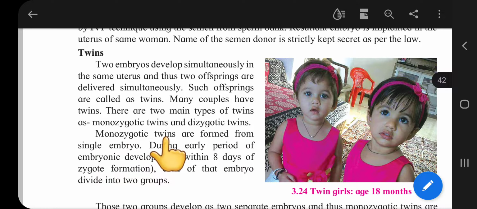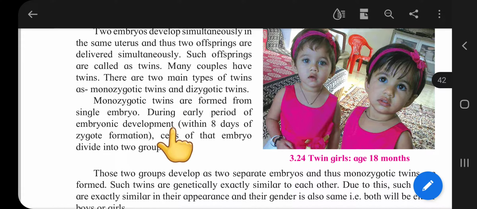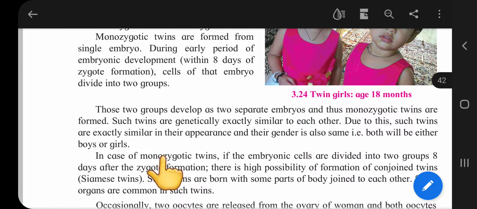What are monozygotic twins? Monozygotic twins are formed from a single embryo during the early period of embryonic development. After 8 days, the zygote cell of the embryo divides into two groups.